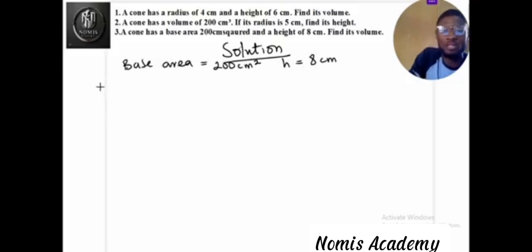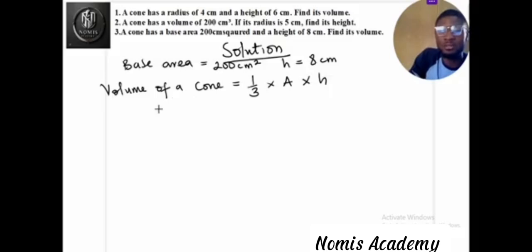So let us state the formula that volume of a cone is equal to 1/3 multiplied by base area multiplied by height. So the volume then is equal to 1/3 multiplied by the 200 centimeter squared base area over 1 multiplied by the height, which is 8 centimeter over 1.